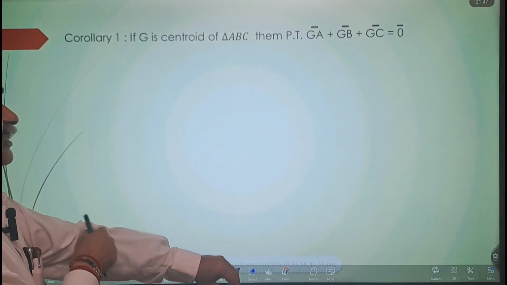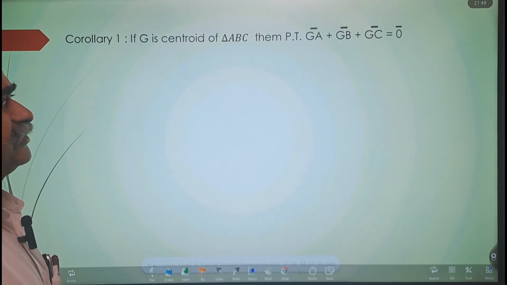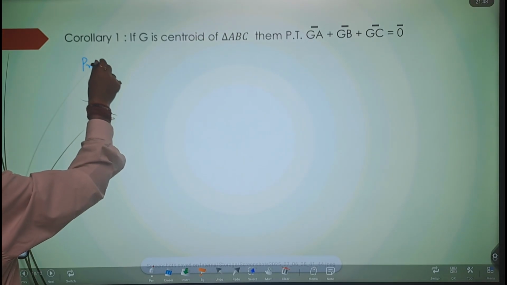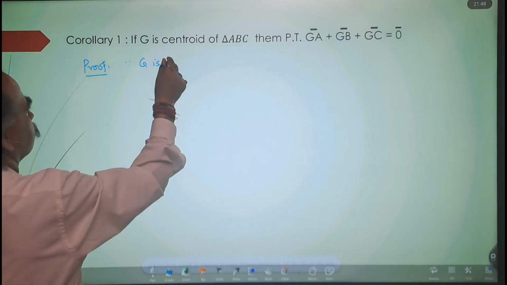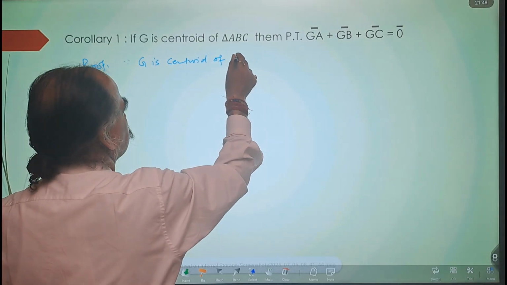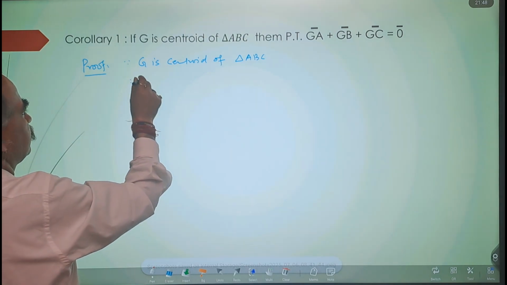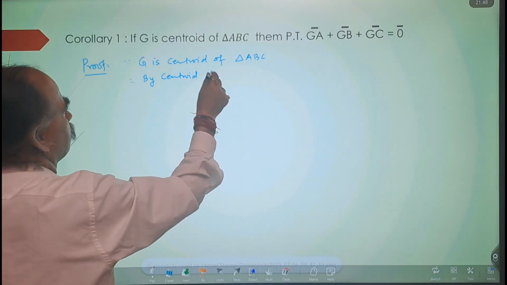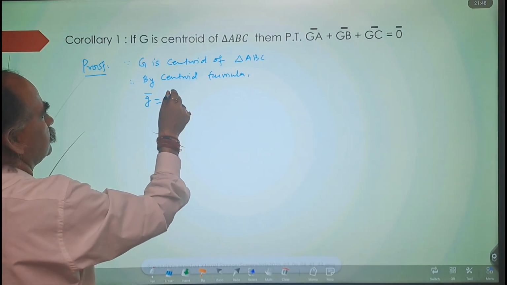If G is centroid of triangle ABC, prove that GA bar plus GB bar plus GC bar is 0 bar. Since G is centroid of triangle ABC, therefore by centroid formula, G bar is what?